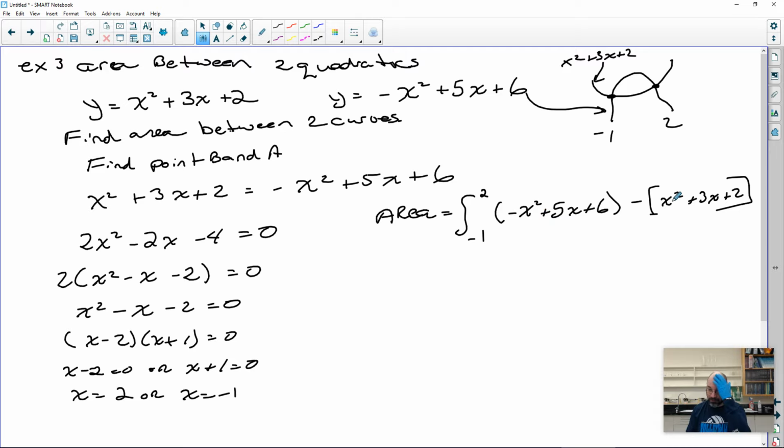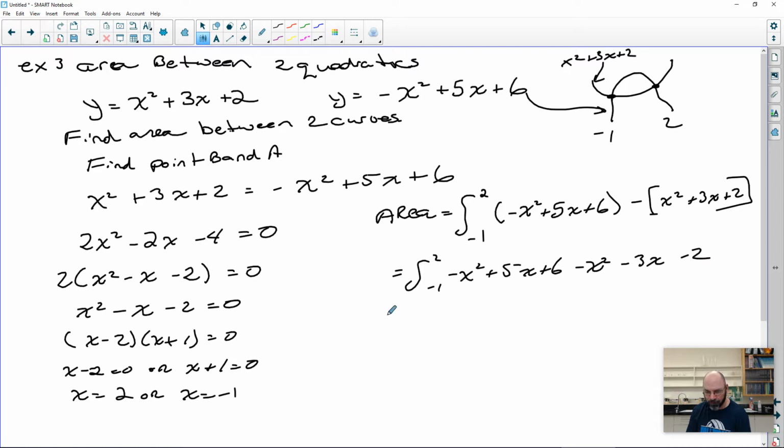Then we have to take this negative and distribute it across here. That means we've got negative x squared plus 5x plus 6, and negative x squared minus 3x minus 2.